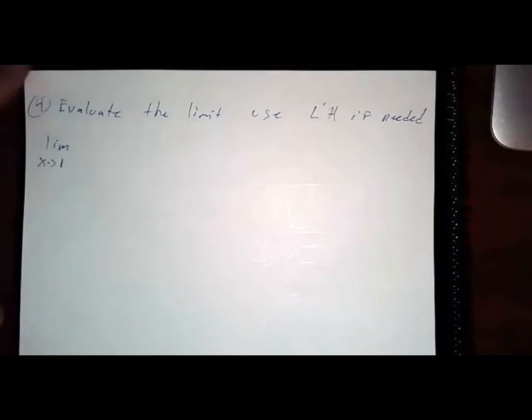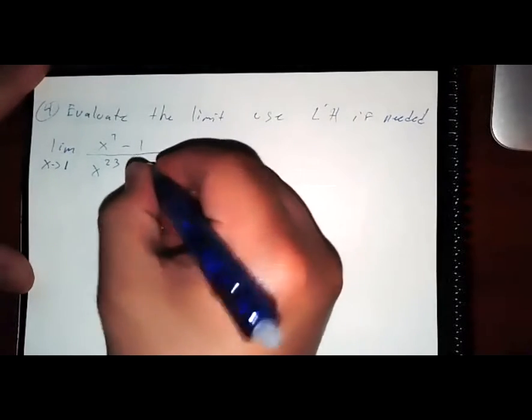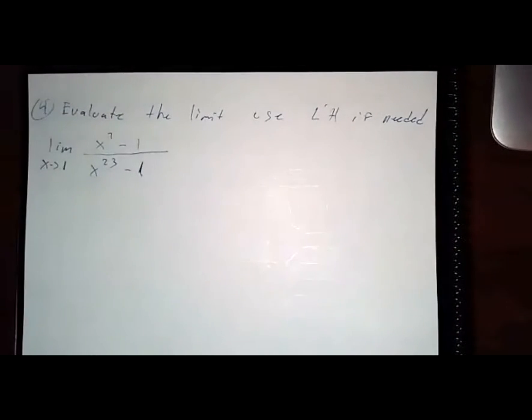So next question is number 4. The limit as x approaches 1 of (x to the 7 minus 1) over (x to the 23rd minus 1). If you plug in 1, if you take the limit, what happens?